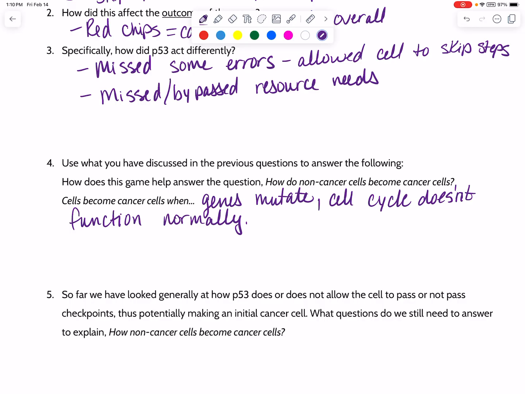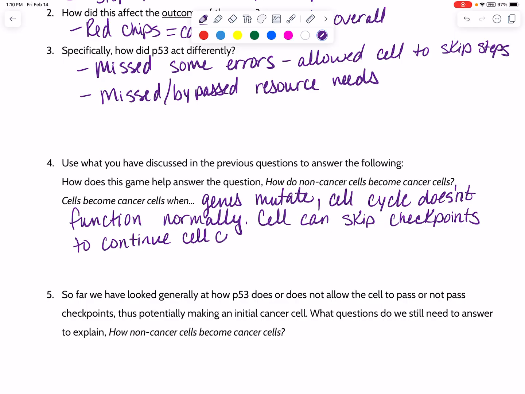So the cell can skip checkpoints to continue the cell cycle. Even with errors.